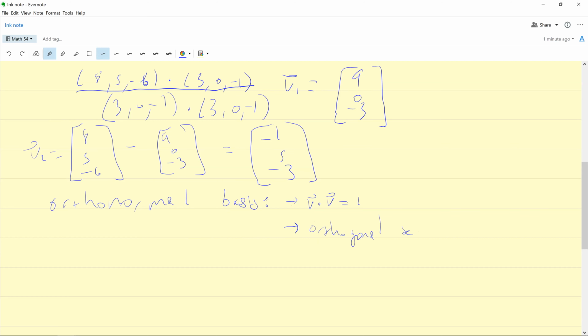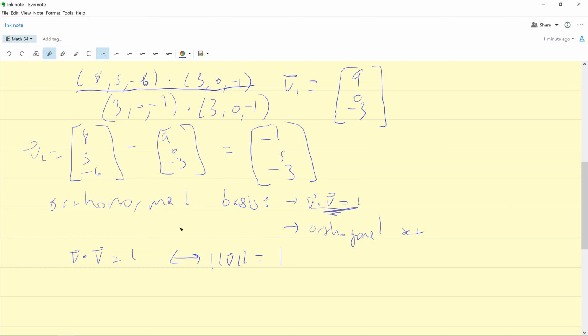So we already have an orthogonal set, but we're missing this condition. Really, this is the same thing as saying that the magnitude of the vector is 1, because the magnitude squared, 1 squared, is also 1. So we're looking for unit vectors that are now orthogonal.